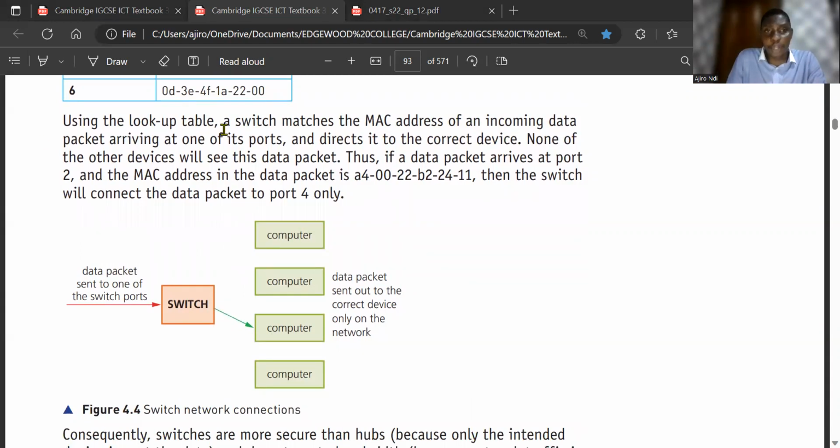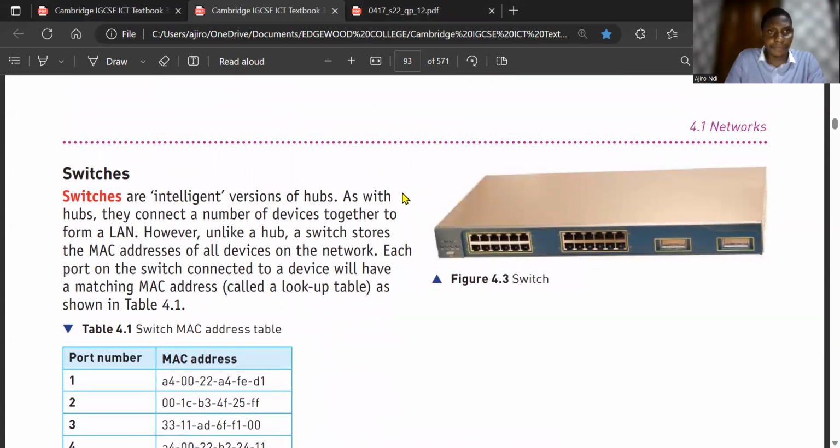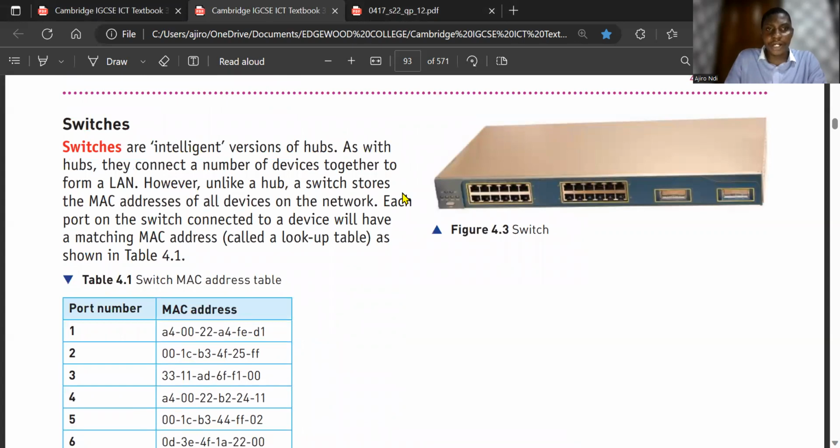Now, I want to explain the lookup table of a switch, because most of the time they bring questions on it. Another thing to look at is that each port on the switch is connected to a device, and we have what we call a MAC address. A MAC address is the address of each computer, because your MAC address is the address of your network interface card.